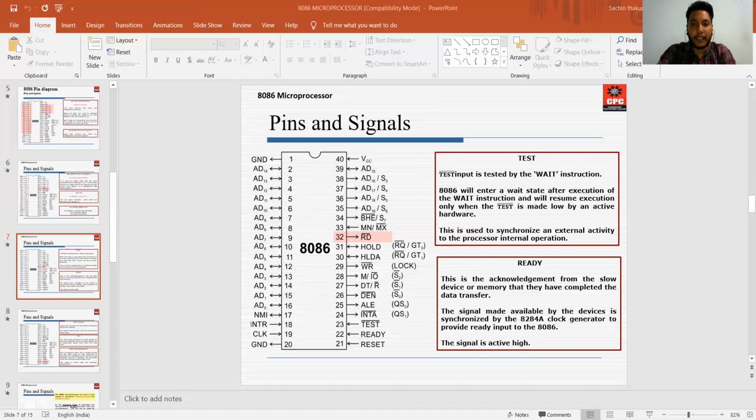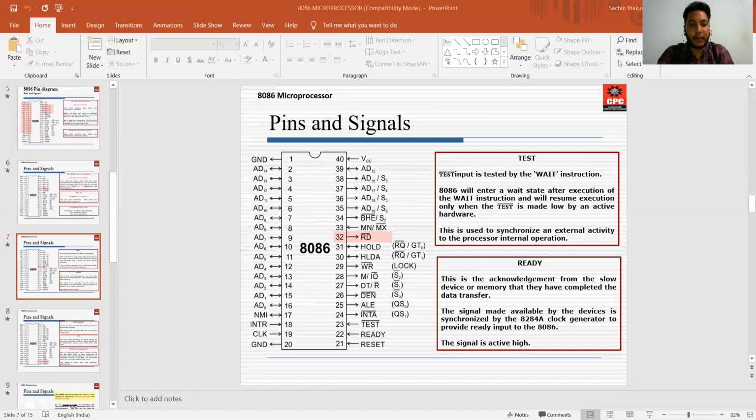The test input is tested by the WAIT instruction. If the test input goes low, means it is at logic 0, the execution will continue.